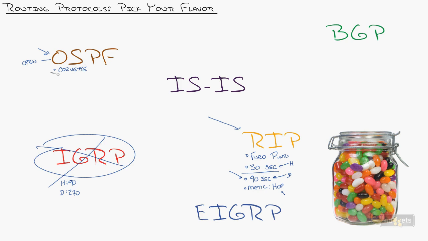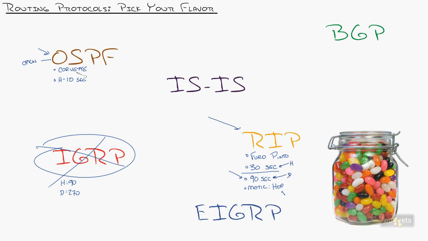OSPF actually has a default hello timer. Now, this is where we start getting into specifics that I don't want to dive too deep into because the hello timer can change, but we'll go with the default of 10 seconds. The beauty about OSPF is it's not like RIP. RIP sends its entire life story. Remember, it's like the friend who keeps telling you his life story.